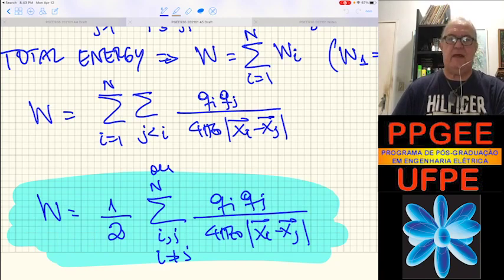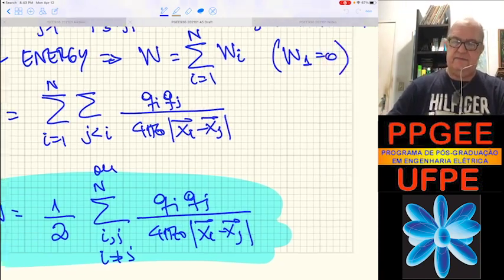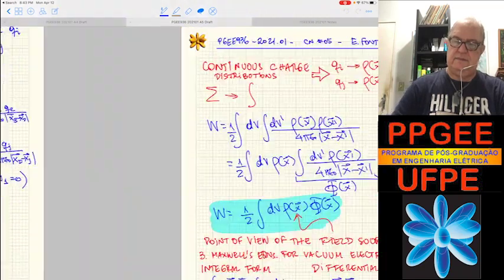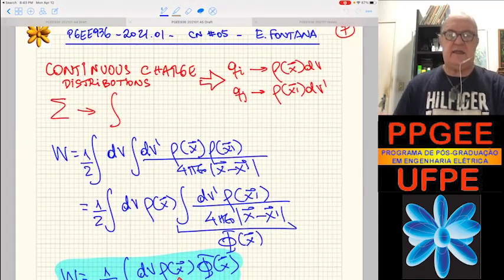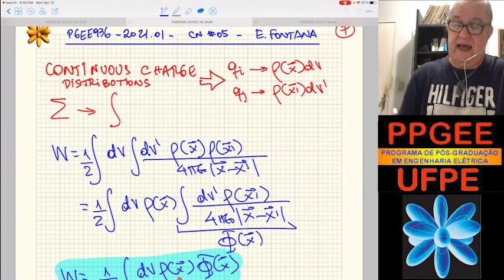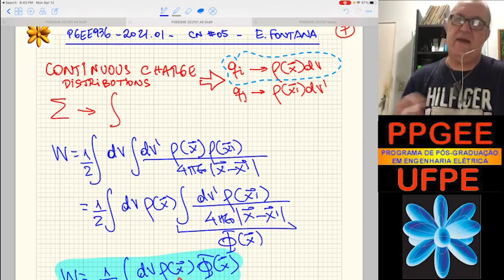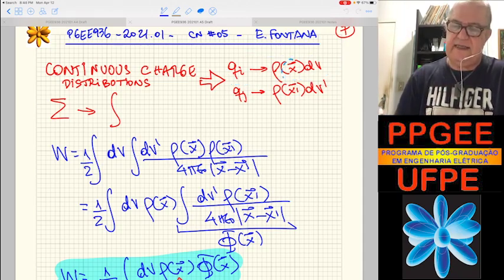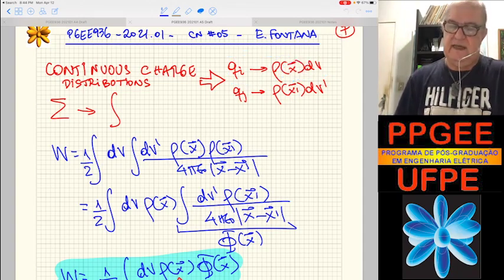Okay? Well, if you have a continuous charge distribution, I mean the ith charge is a density times the volume around the ith charge. Let's say the ith charge is at x vector, the jth charge is at x prime vector, right?